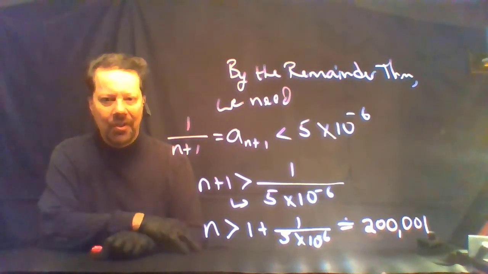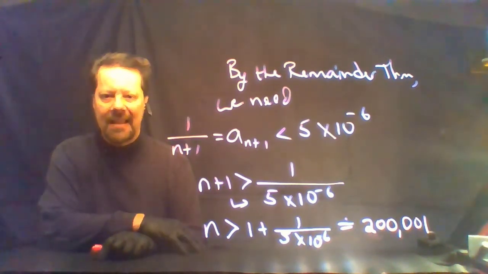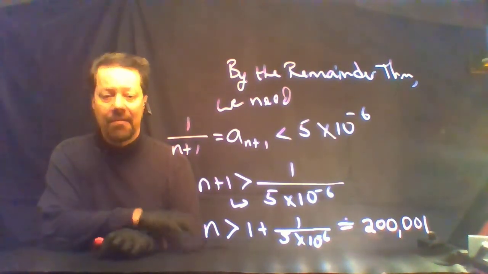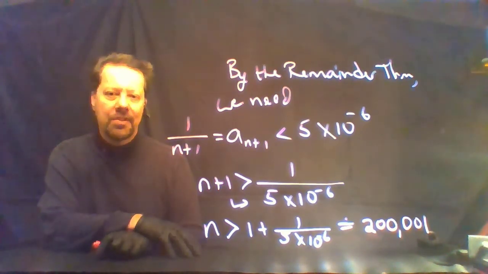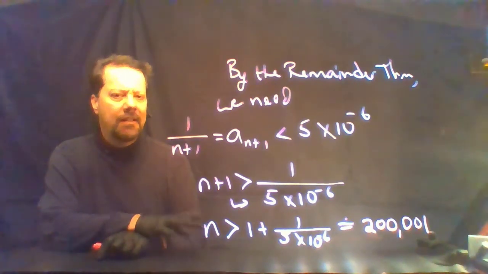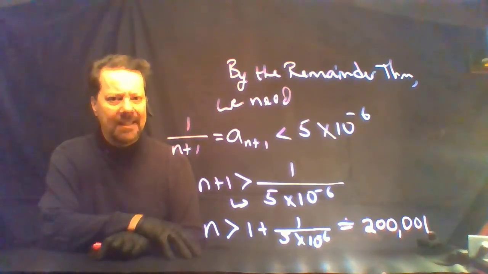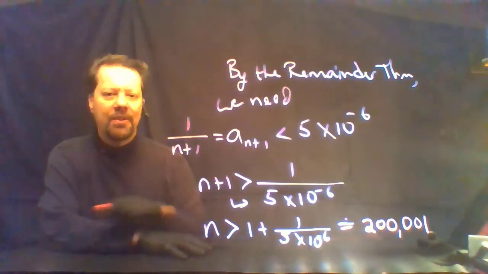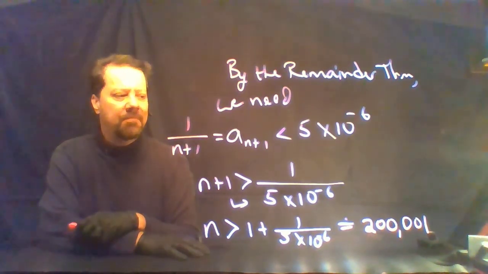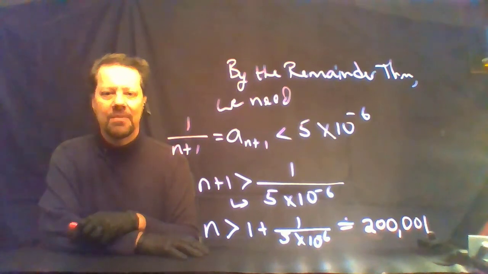One lesson that you can obtain from this example is that these alternating series, though they may converge, like the alternating harmonic series converges to the natural log of 2, they converge slowly at times, quite slowly. I have to go way out there before I'm to within 5 decimal place accuracy, more than 200,000 terms.